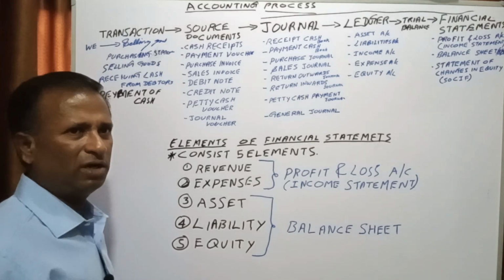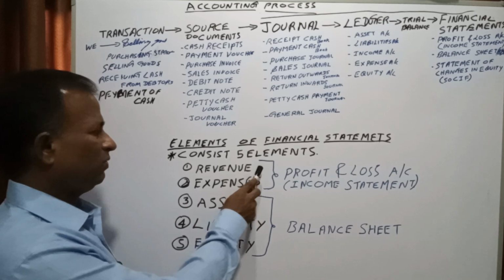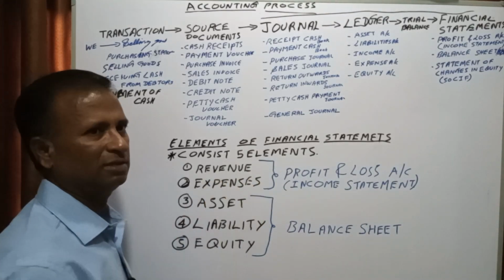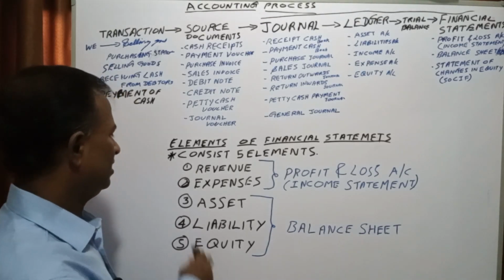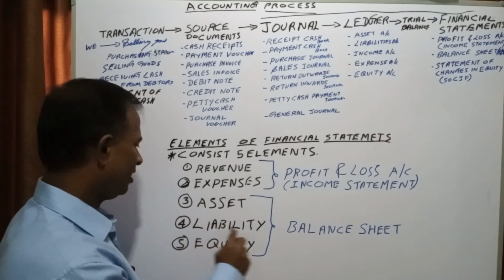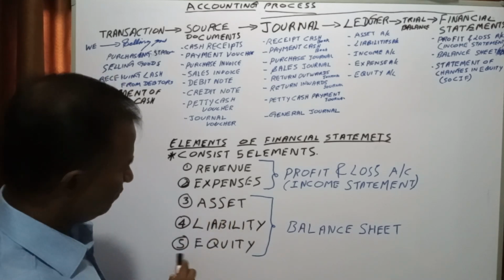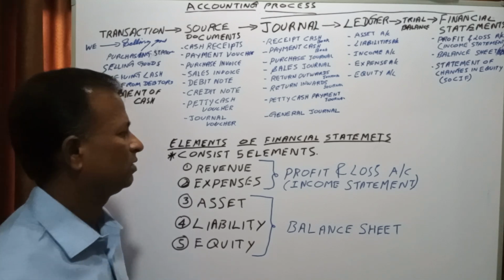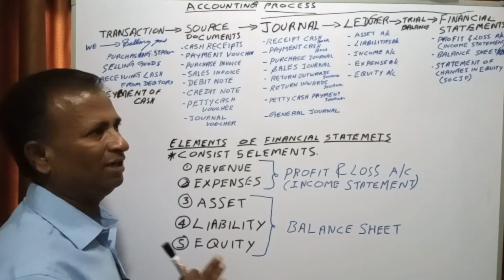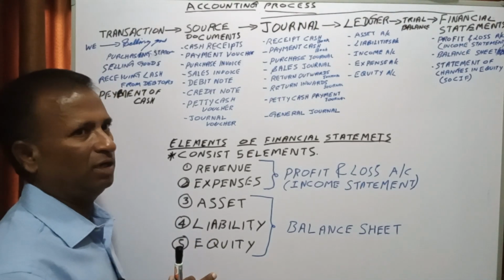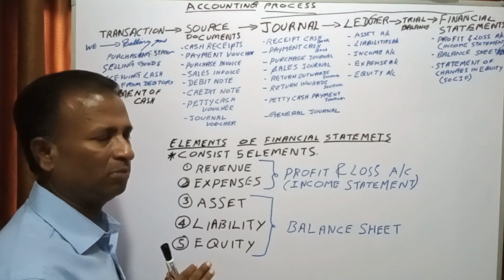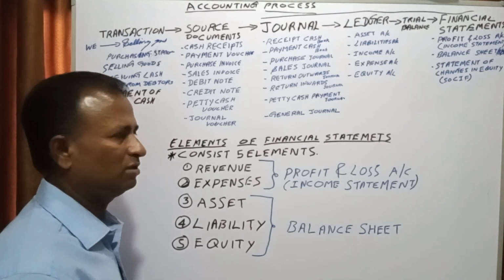One is revenue, number two is expenses, number three is assets, number four is liabilities, and number five is equity. These five elements only will appear in the financial statements. These are the main categories, the main headings of the financial statements.